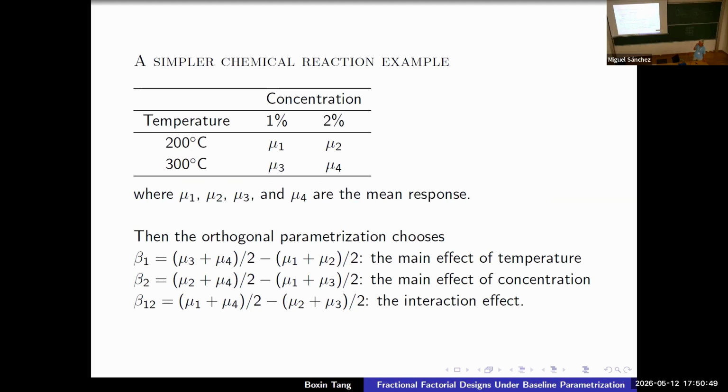Temperature has two levels, concentration two levels, where these four, mu1, mu2, mu3, mu4, are the mean responses for the four level combinations. Then the orthogonal parameterization of the factorial effects is defined as follows. If you look at beta 1, it is the average of mu3, mu4 minus the average of mu1, mu2.